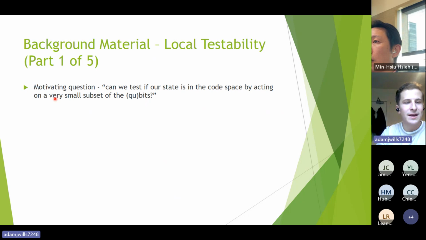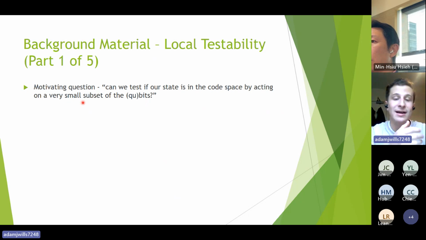And by very small subset, I mean a very, very small subset, even of constant size. So this is our motivating question. So can we tell by only looking at some very small subset of the physical bits or qubits whether we are still in the code space or not?